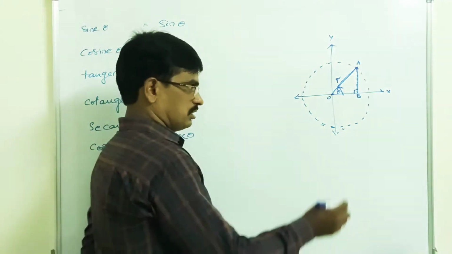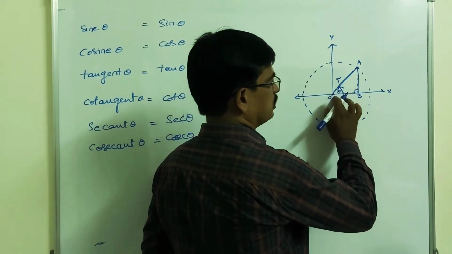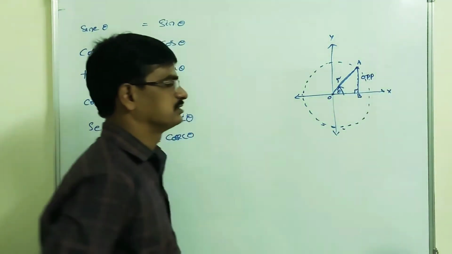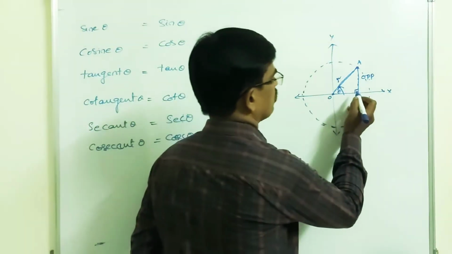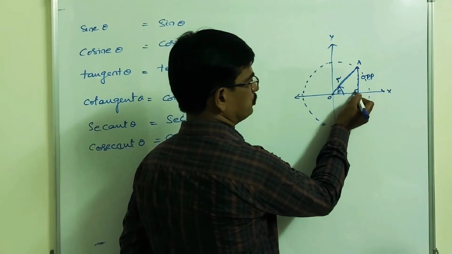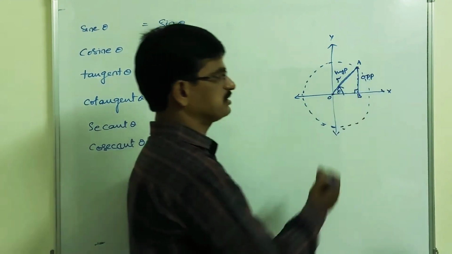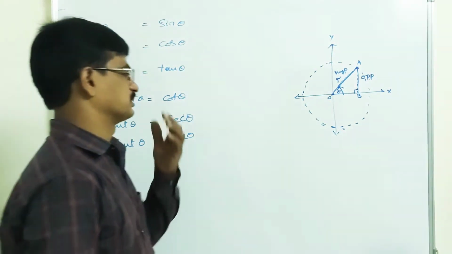Then the side which is opposite to theta is called the opposite side. And the side which is opposite to the right angle is known as the hypotenuse. Here radius is nothing but hypotenuse.